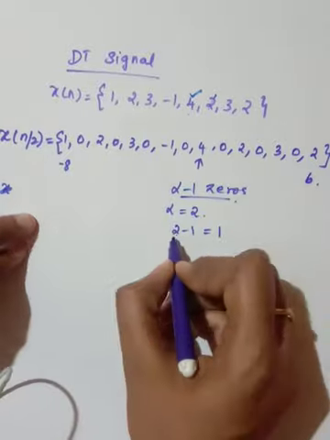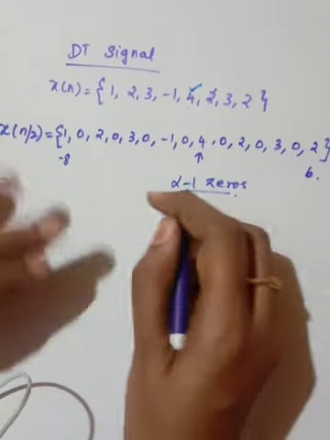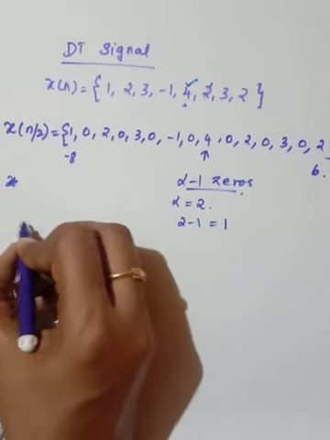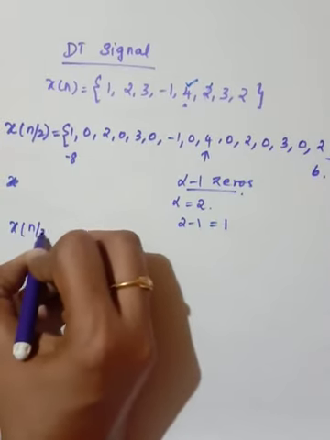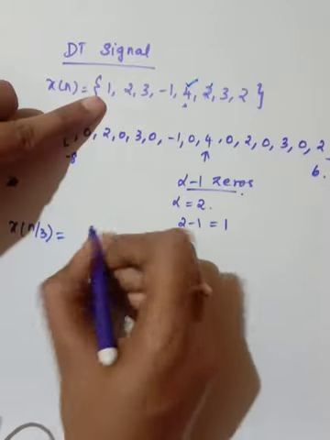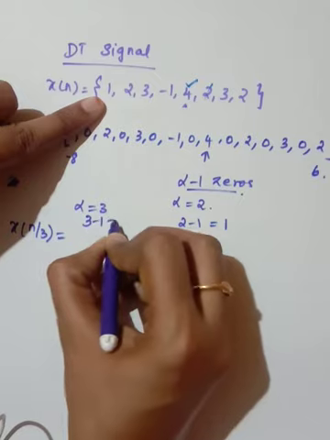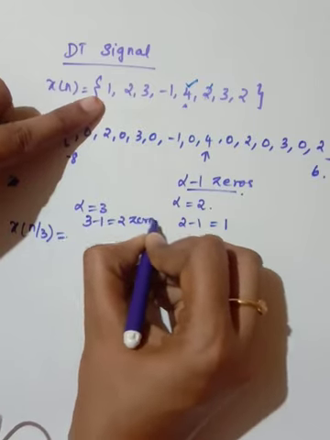So the inference is that we are expanding the signal by inserting alpha minus 1 zeros in between. Suppose I am going to have n by 3, which means alpha is 3, so I am going to insert 3 minus 1, that is 2 zeros, between the samples.